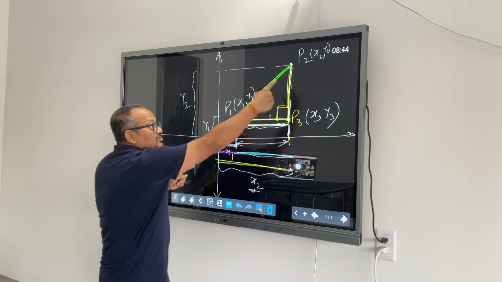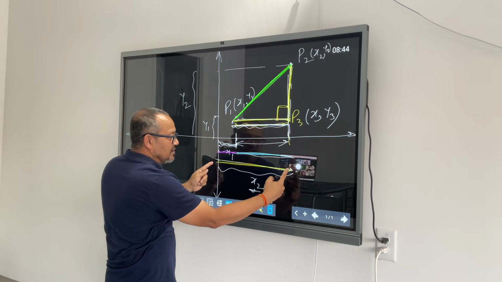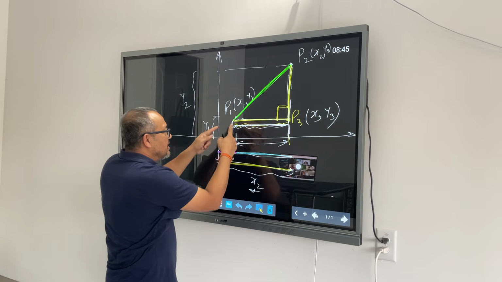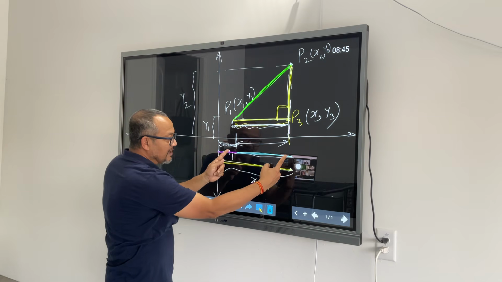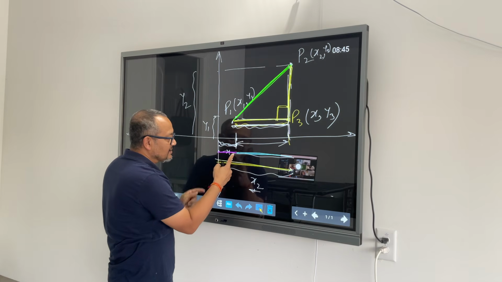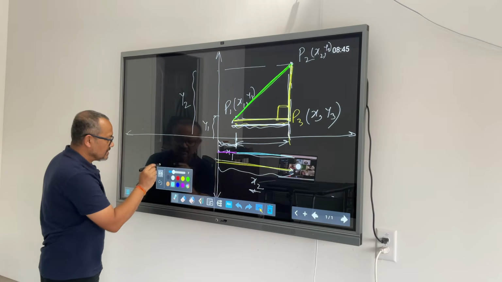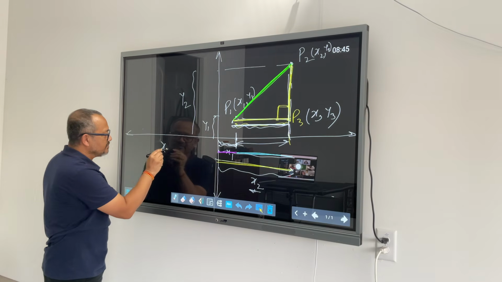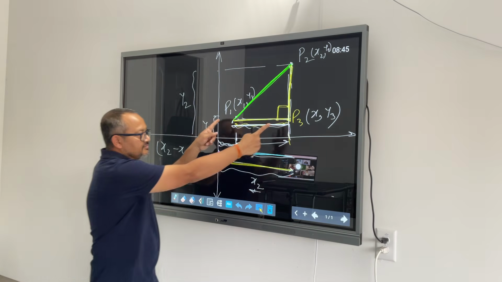When I am saying x coordinate for this point is x2, meaning this whole distance is x2. If this point's x coordinate is x1, meaning this distance is x1. So I am trying to find out this length, which is this length minus this length. So this length would be x2 minus x1, here to here.